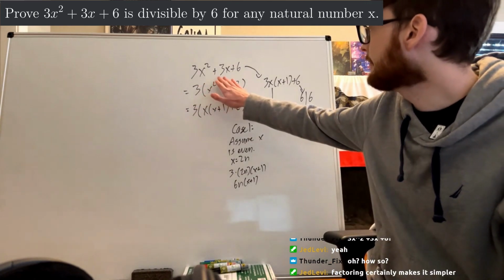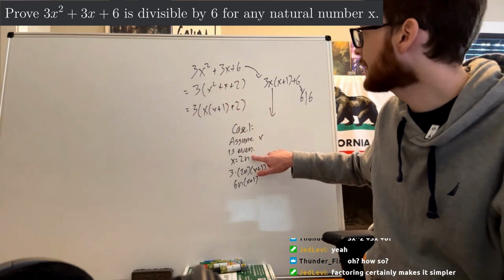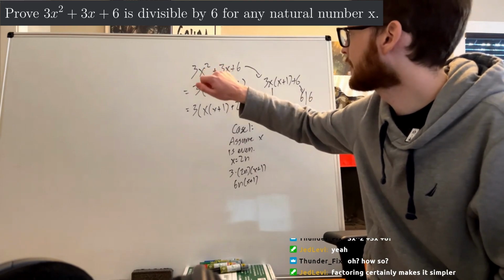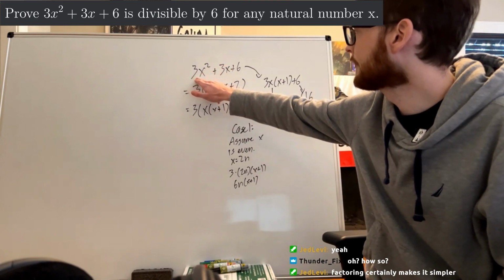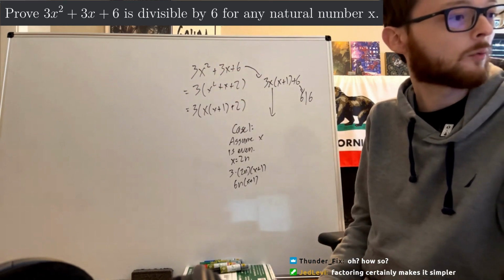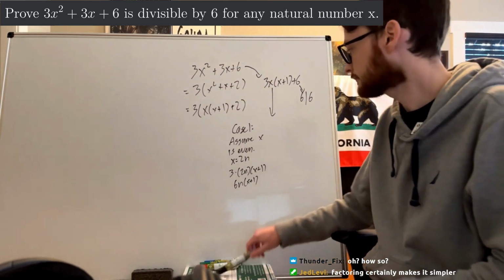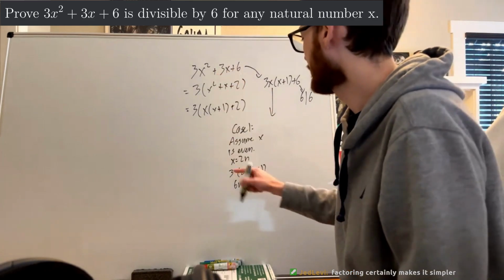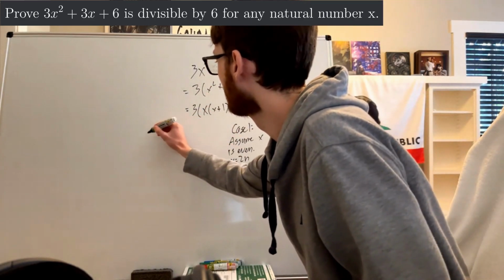Yeah. If you do the same x equals 2n thing to this initial one, you would still get the 3 times 2 must divide 6 and 3 times 2 must divide 6. It's not quite as clear, but you basically plug the 2n in for each of the x's.